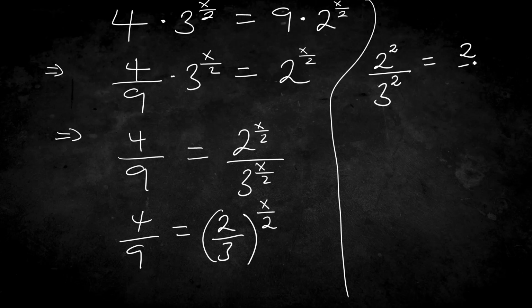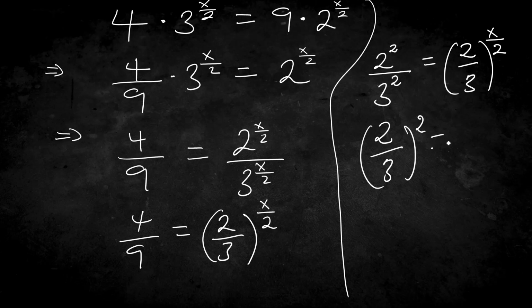So we have 2/3 raised to 2, so we have the powers here like this, so we can bring it out. (2/3) squared equals (2/3) raised to x/2.